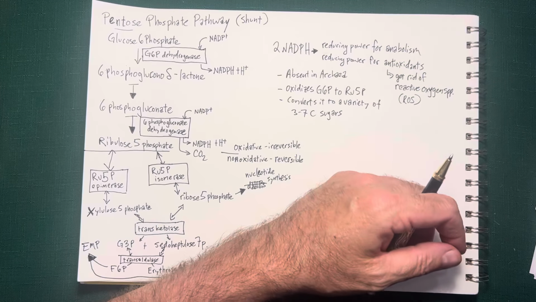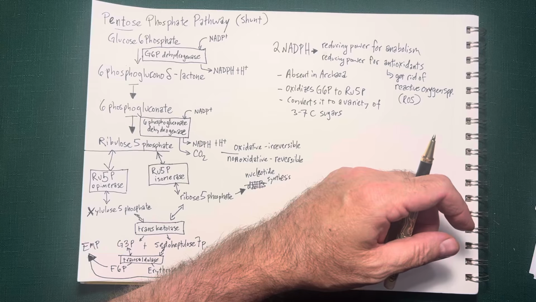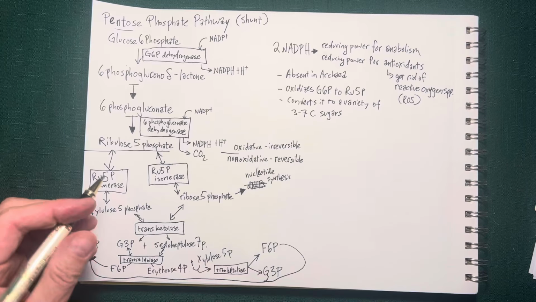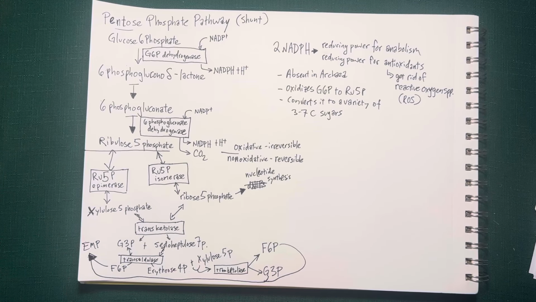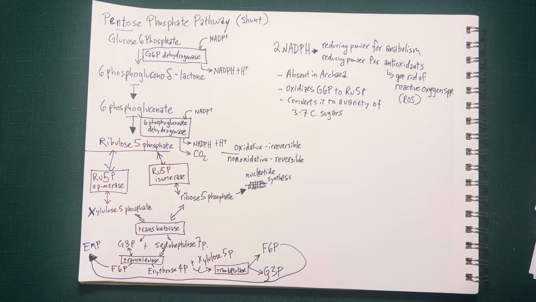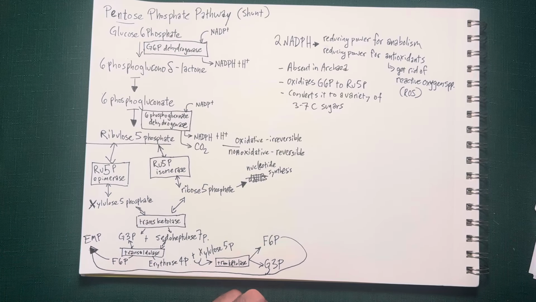So how do we make things like amino acids, vitamins, things like that? We can use these molecules because these reactions exist. We can make other things from these different molecules. So it's biosynthetic. And that is your pentose phosphate pathway.